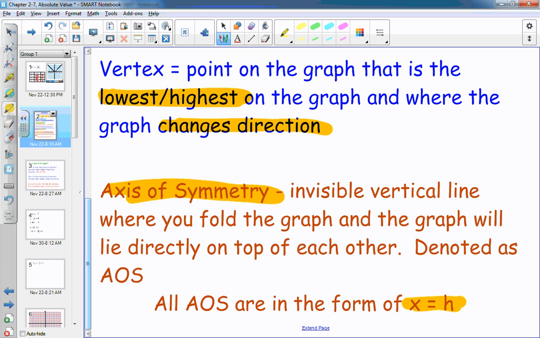An axis of symmetry says if I have my v, where can I fold this vertically so that the right arm of my graph lands directly on the left arm of my graph? Does that make sense? If you look at me right now, my arms are held up in the air, and my body becomes the axis of symmetry. Does that make sense? Okay.